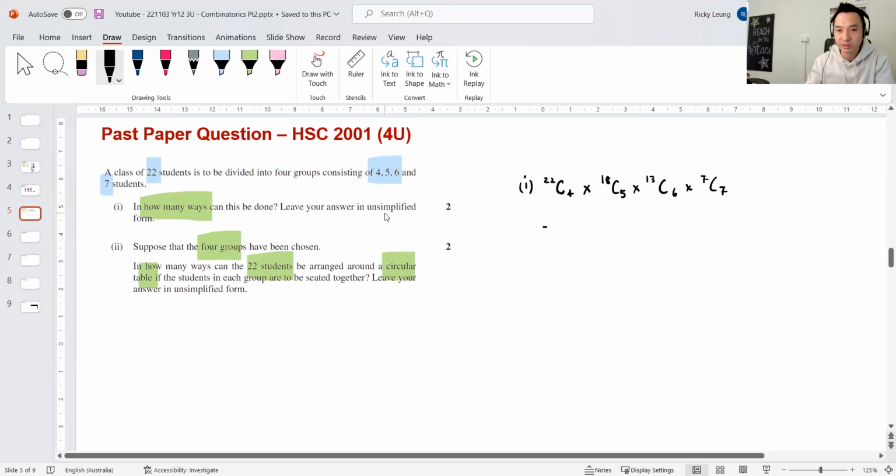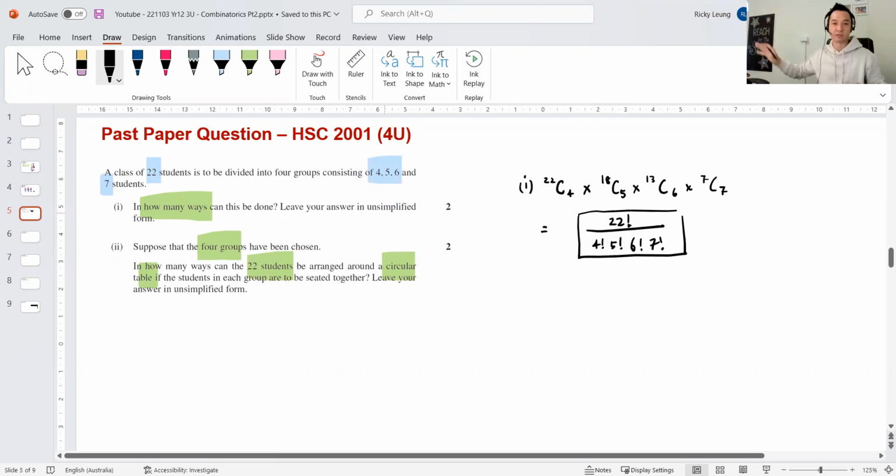Algebraically, all the combination terms, factorials and stuff simplifies to 22 factorial over 4 factorial, 5 factorial, 6 factorial, 7 factorial. Nice. That's part 1, same as what we did before. We're just selecting, plotting 4 here, 5 here, 6 here, 7 here.